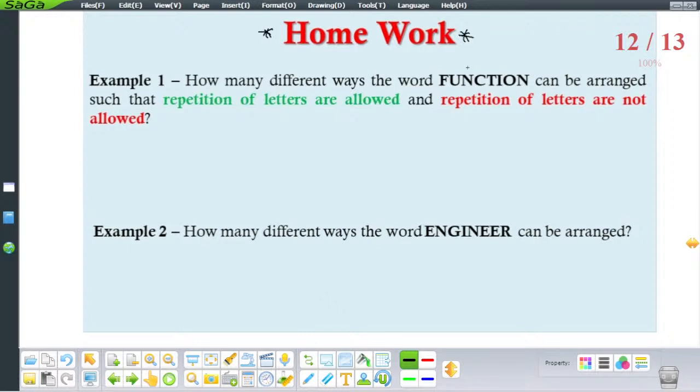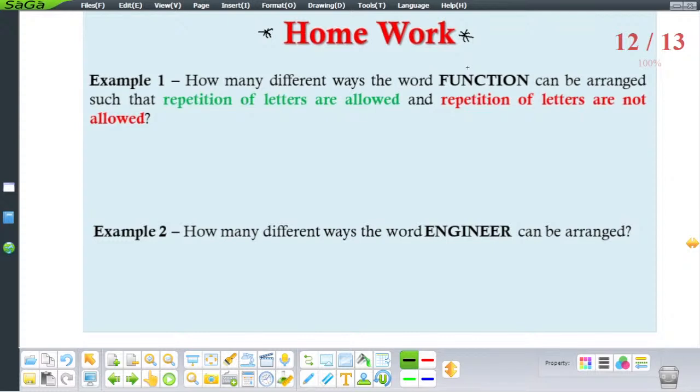First example: how many different ways can the word function be arranged such that repetition of letters is allowed and not allowed? You have to get both answers and comment them in the comment box or chat box. Second example: how many different ways can the word engineer be arranged?